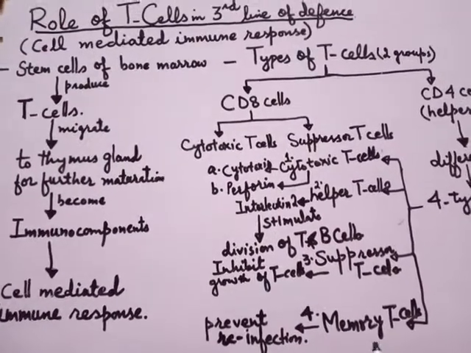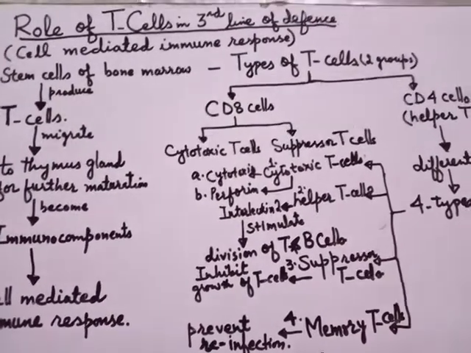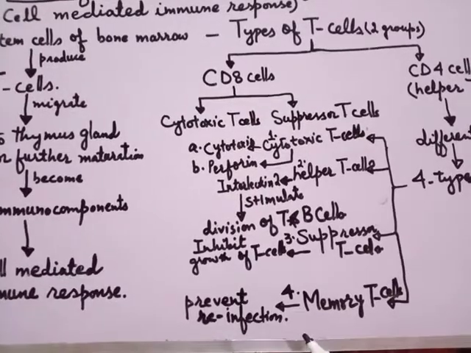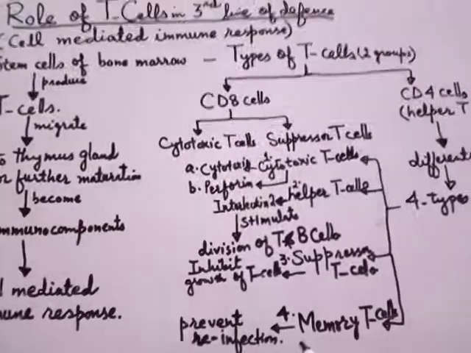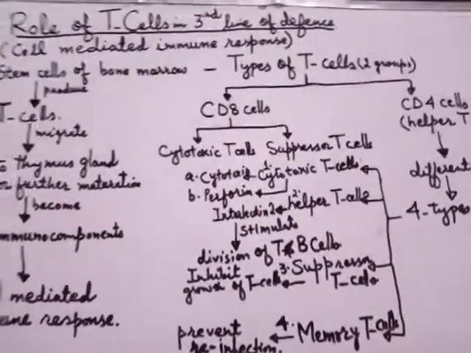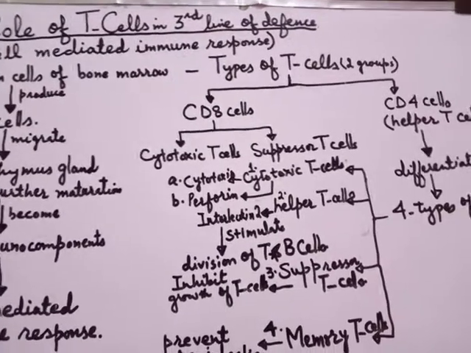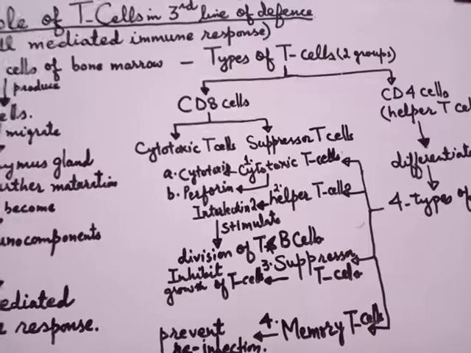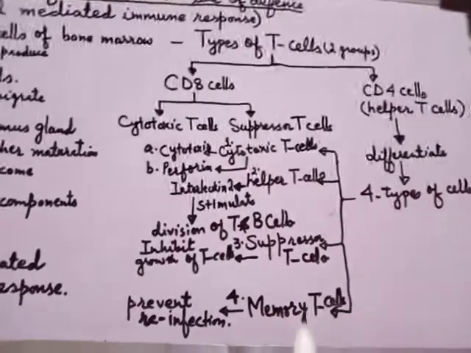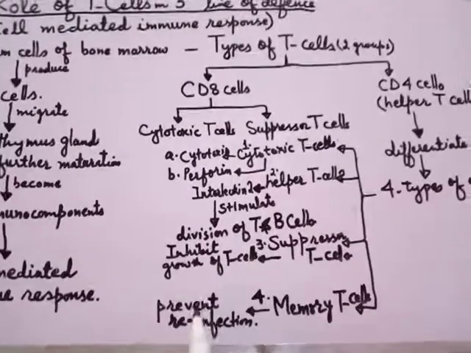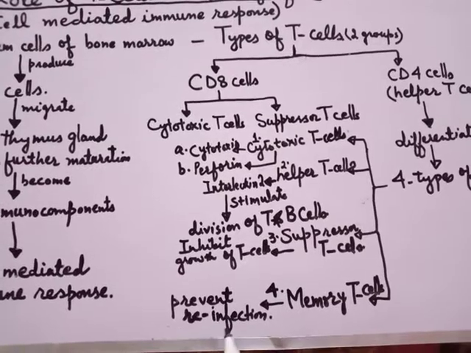Students, these cells remain dormant after the initial exposure to an antigen, and if the same antigen presents itself in the body even after a number of years, the memory cells are stimulated to convert themselves into helper T cells and help to fight against that very pathogen. So you can say they prevent your body from reinfection.